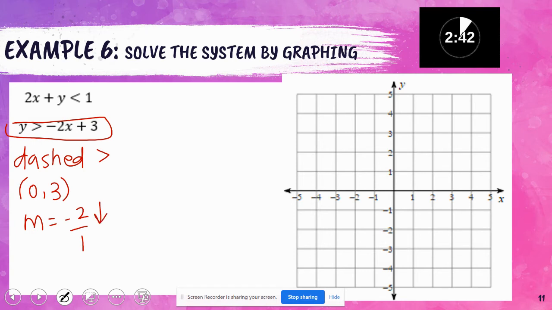So we're going to go down 2 because it's negative, but still to the right 1. So I'm going to mark my graph and go down 2 to the right 1, down 2 to the right 1, down 2 to the right 1, and we can create a pretty nice dashed line.